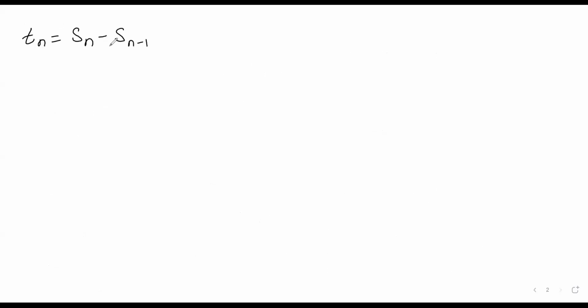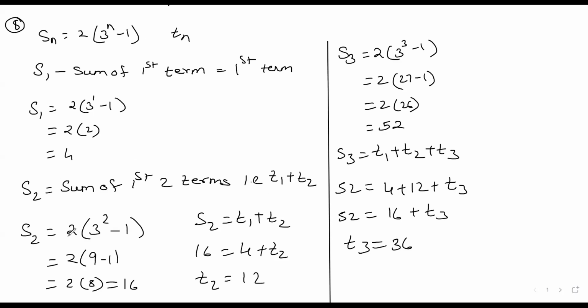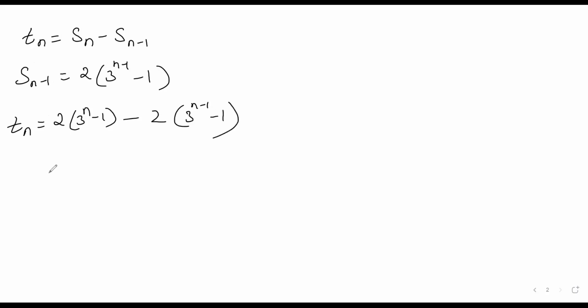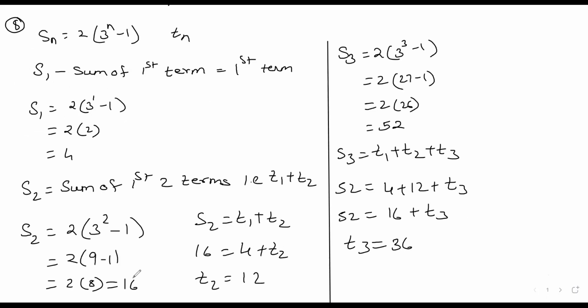But this procedure can be too big, so this one is a little simpler. So Sn minus 1 will be 2 into (3 raised to n minus 1, minus 1). Then you subtract them. So Tn will become 2(3 raised to n minus 1) minus 2(3 raised to n minus 1 minus 1). Then you keep solving it, which sometimes becomes a very long procedure. Instead, we have found these three terms. What sequence came? 4, 12, 36.